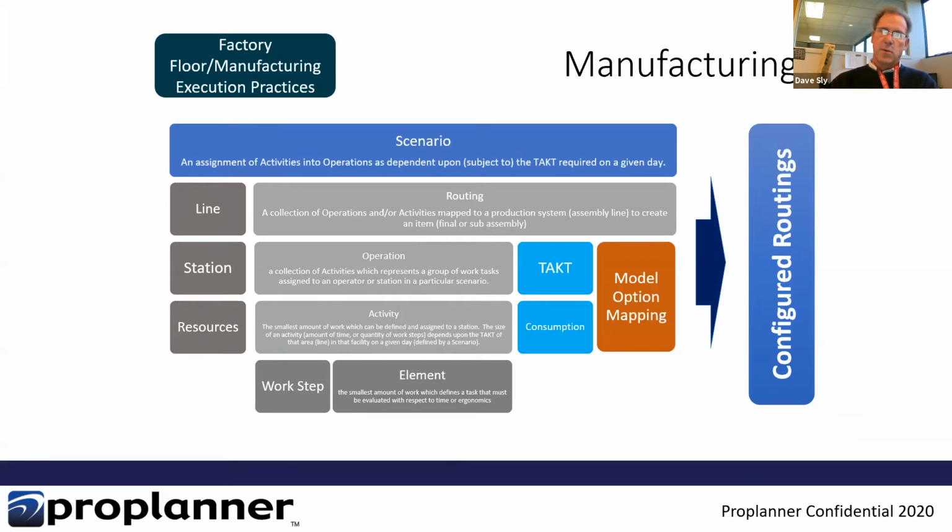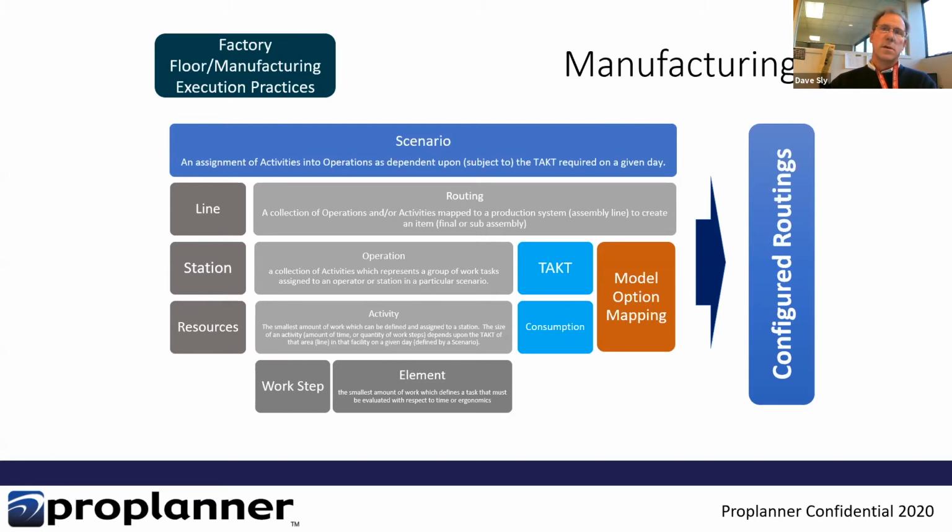Now, what makes things a little more difficult is the blue bar at the top. That's the concept of the scenario. In the case of the scenario, what we're saying is that while we generate this very detailed process routing, this bill of process, that is for a particular approach that we may take to manufacturing. By approach, I may mean based on the production volumes we're running, the variety of products, and the particular versions of products, the variants, that's going to drive a certain allocation of resources.